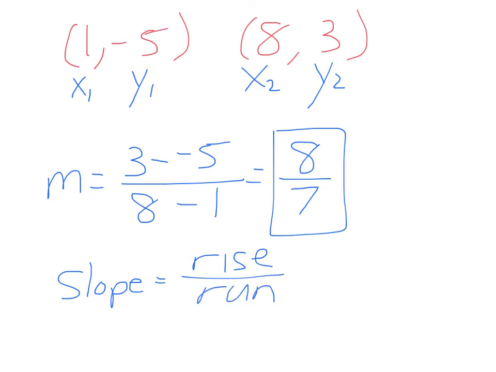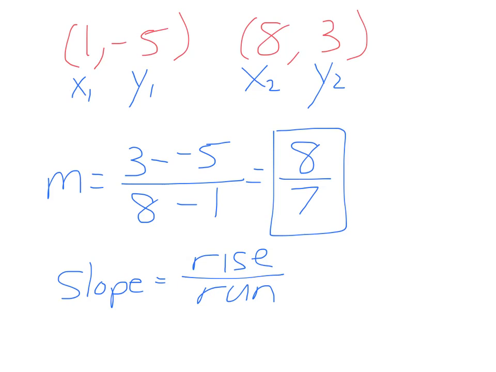It's the amount it goes up or down over the amount it goes to the right or left in some cases. It's not a mixed number. It's just rise over run, which means it has to be left as a fraction in simplest form, but no mixed number. So it's proper or improper, but that's it. So that's why I want you to get used to just leaving it.